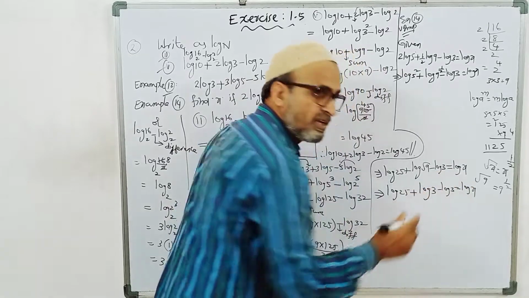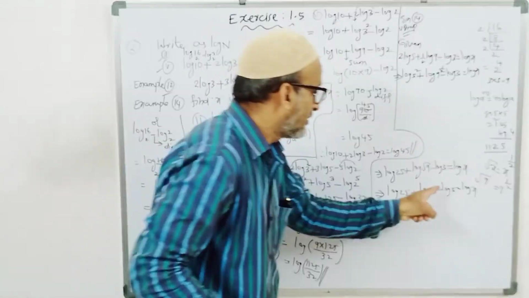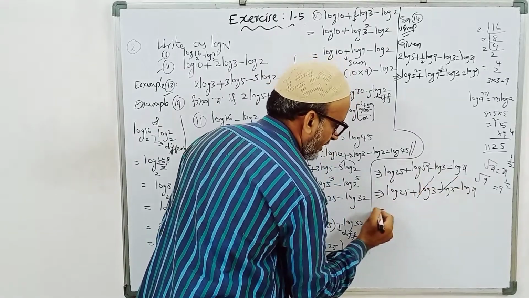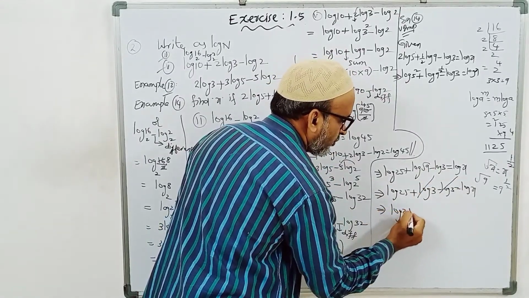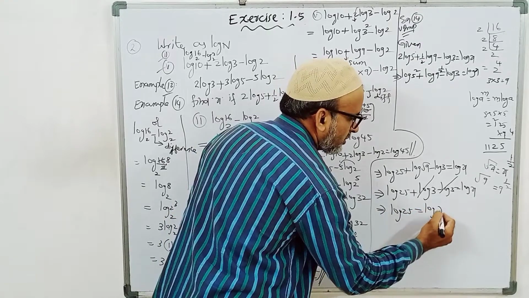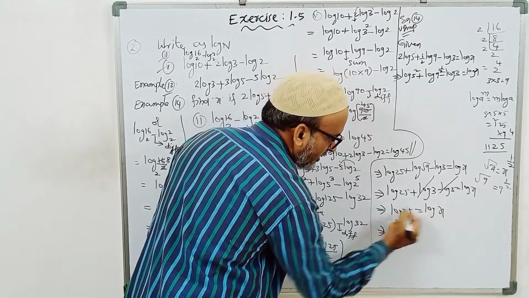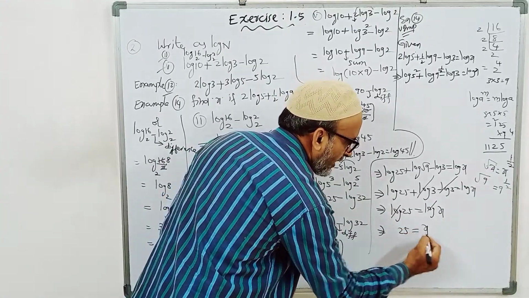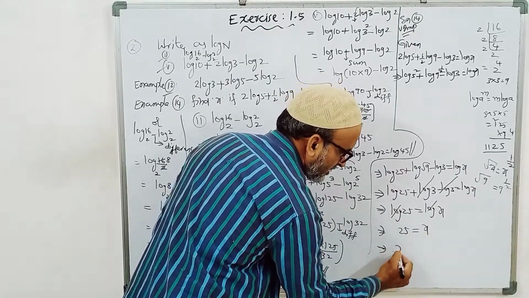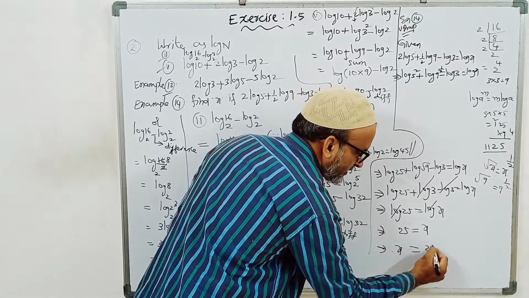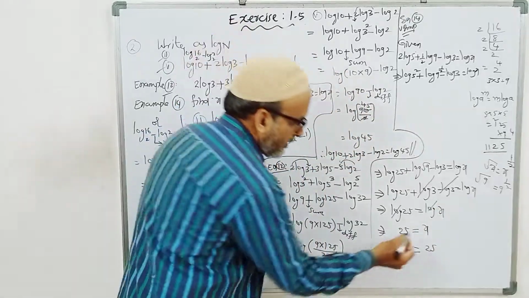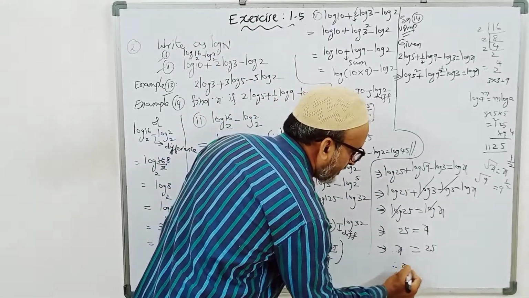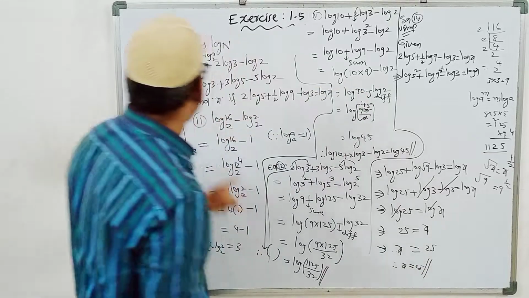Plus logarithm of 3 and minus logarithm of 3 cancel to 0, so logarithm of 25 is equal to logarithm of x. Both sides have log, remove the log, and what is left is 25 is equal to x. Therefore, x is equal to 25.